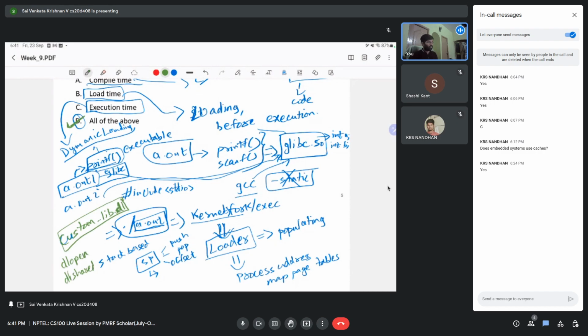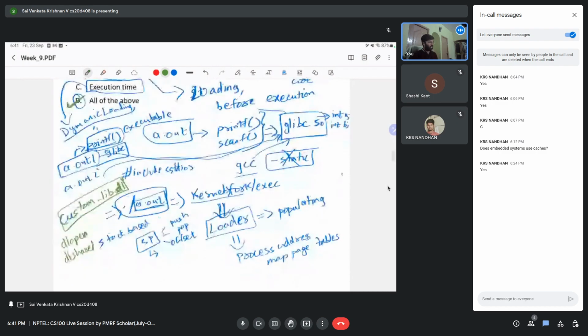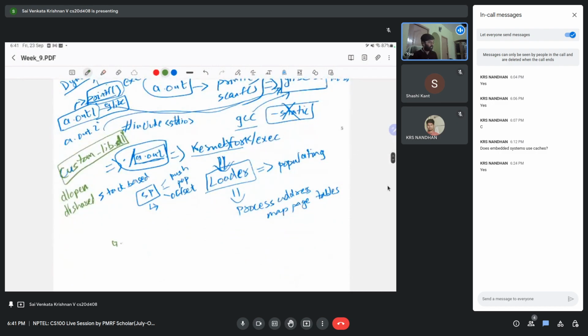The main reason for dynamic loading is this: say this a dot out executable is in a huge company and your program is huge, like a web server program you want to execute.